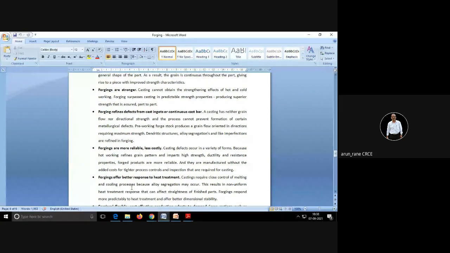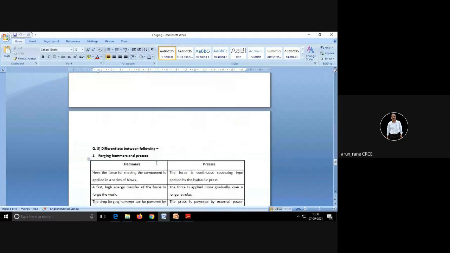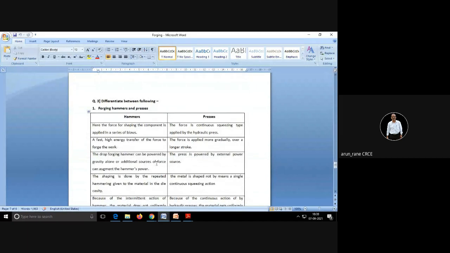Only the initial die cost has to be invested. But then the designer or manufacturer checks the return on investment: if he invests in the die, what is the minimum quantity he should produce to get back the investment made in the die.